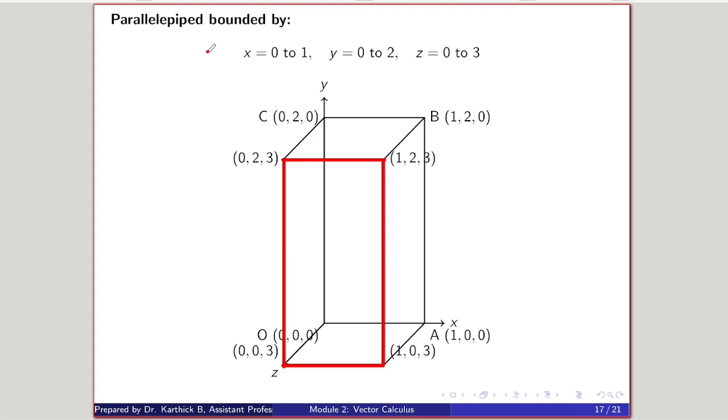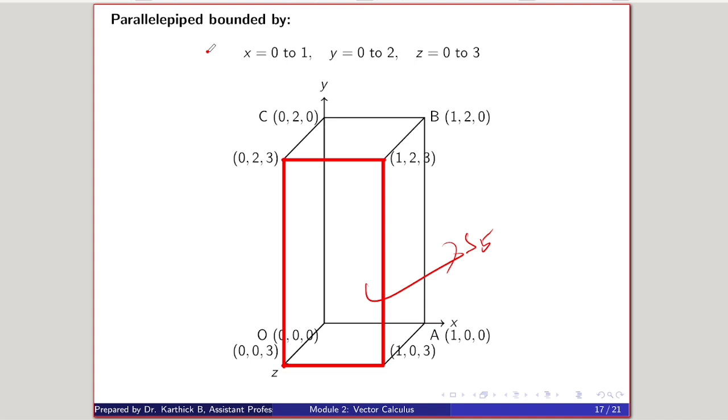The next surface, the last surface, of course, totally this parallelepiped will have 6 surfaces. Then already they have omitted one of the surfaces, that is called OABC. This surface is omitted. Okay, so we won't consider this surface. Other than that, this will be the S5.